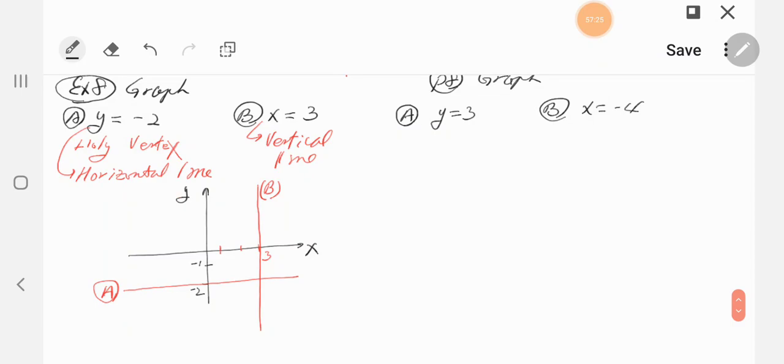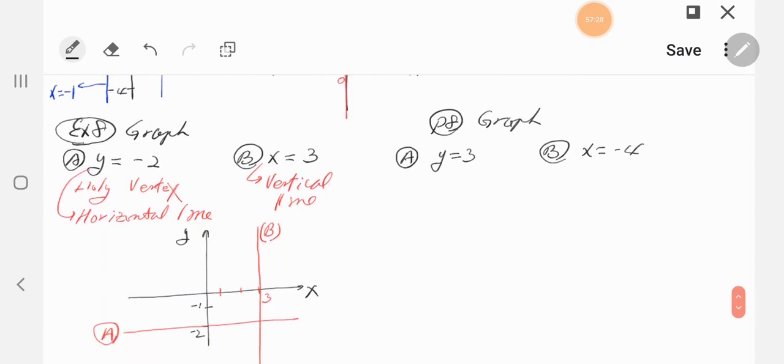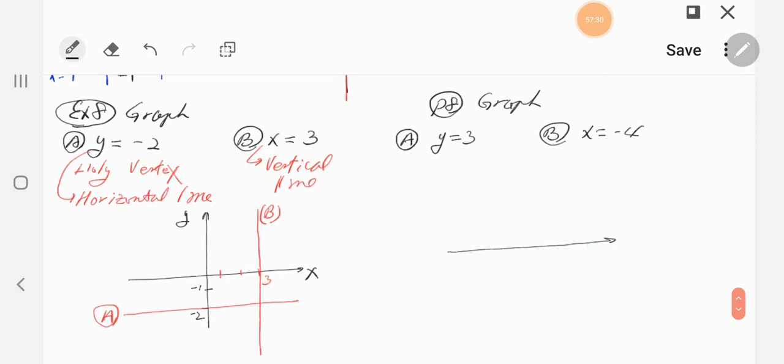Okay, let's try problem 8. Same thing, right? Y equals 3 means this is a horizontal line. There is only one variable, y, so the graph is a horizontal line passing through 3 on the y-axis.